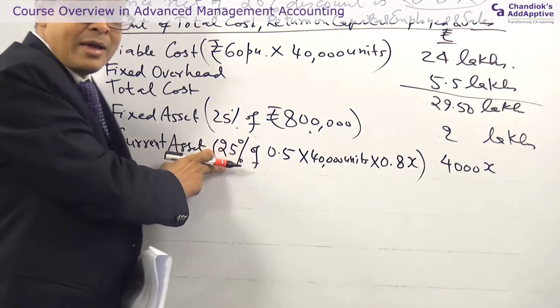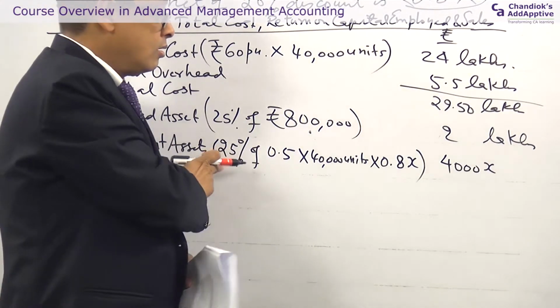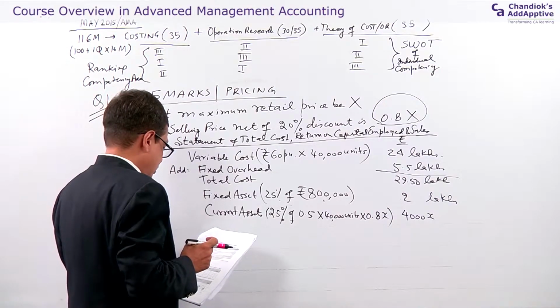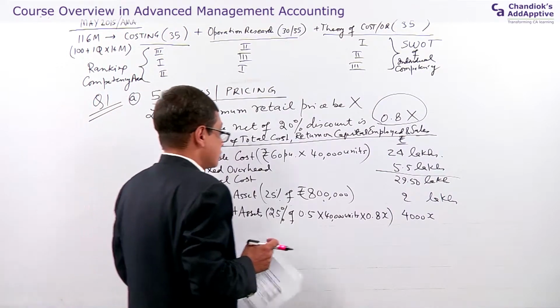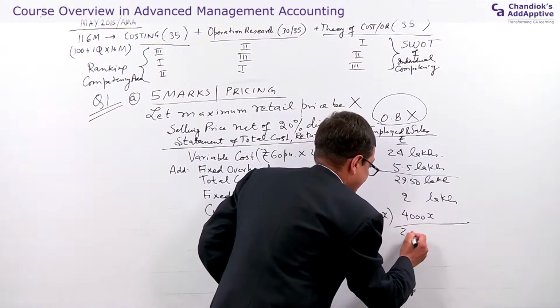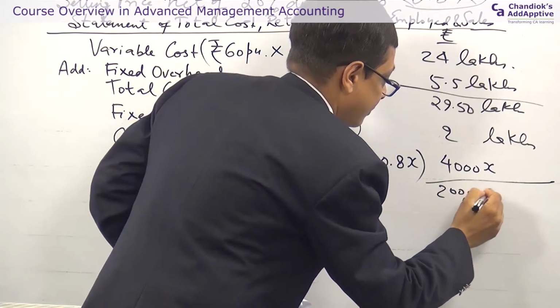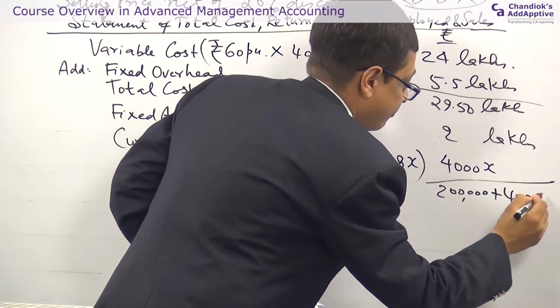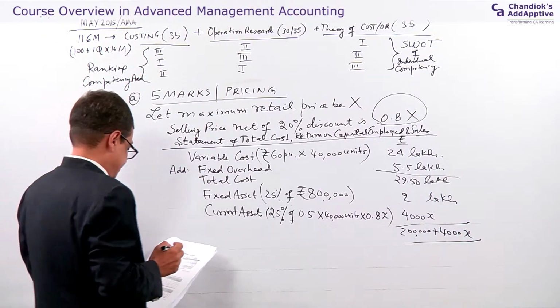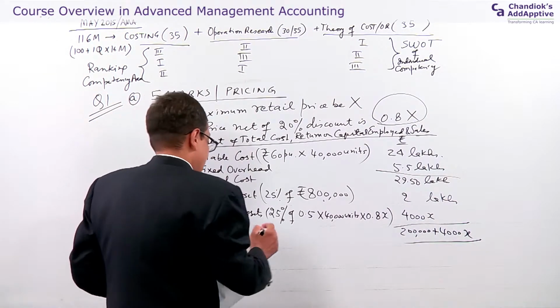Because 25% is 1 by 4. So it becomes 4,000x. So 2 lakh plus 4,000x is the figure.